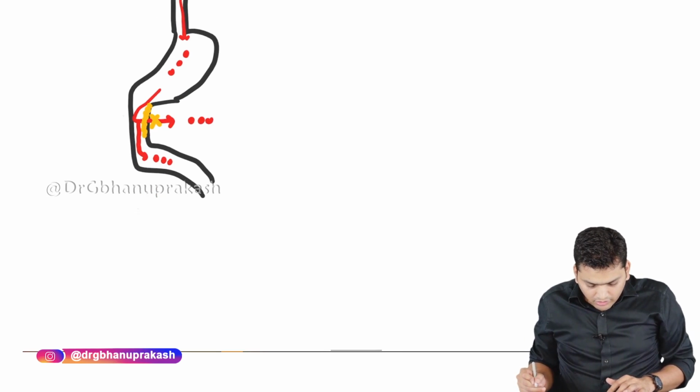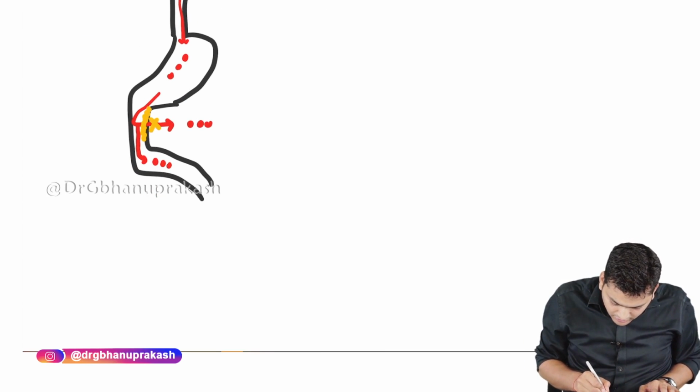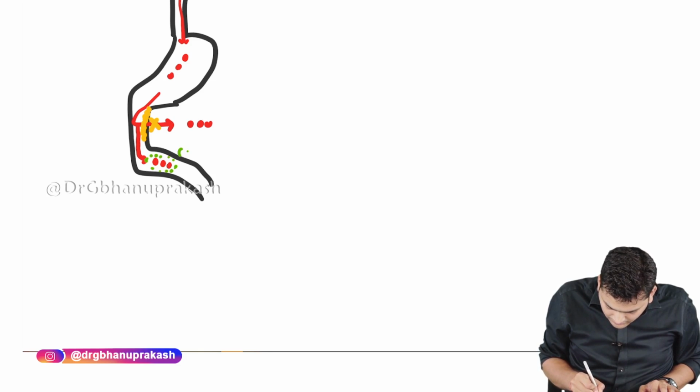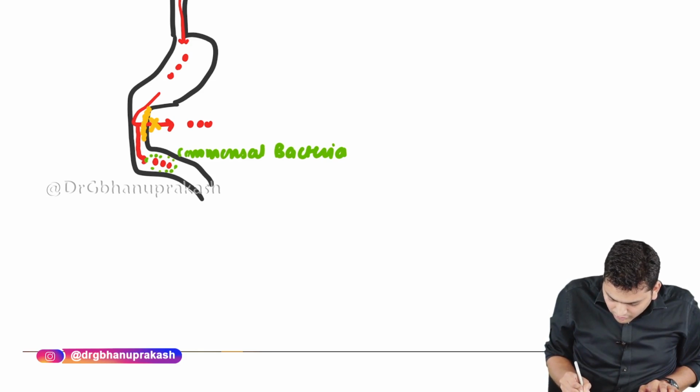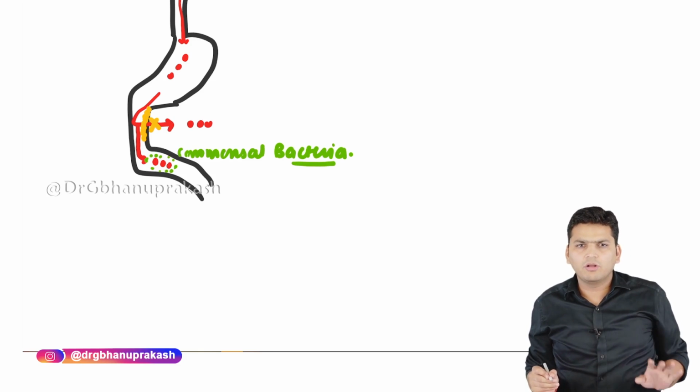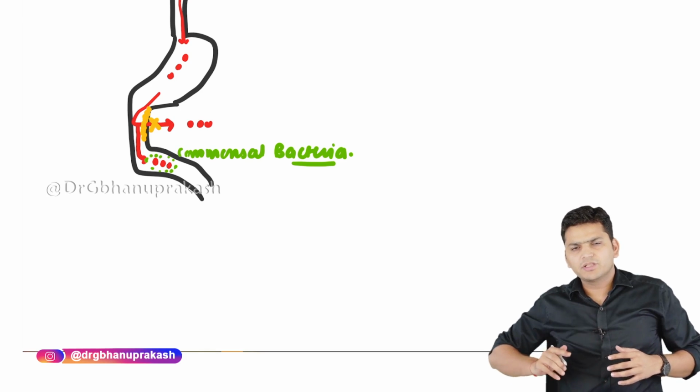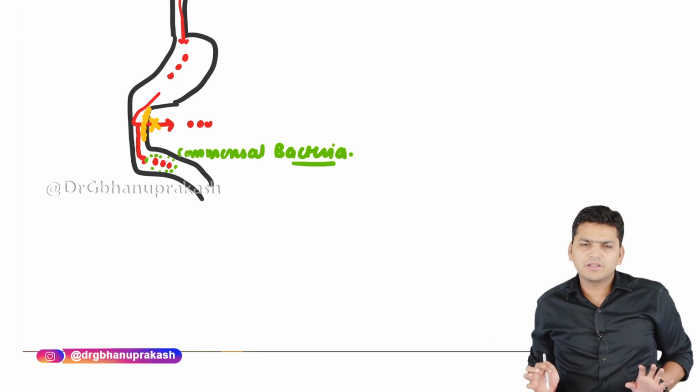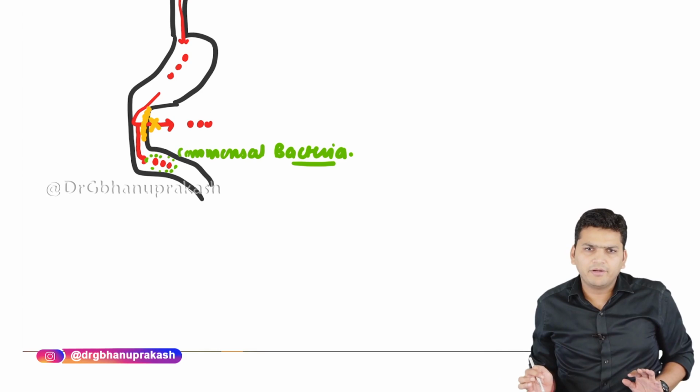Once they come to the colon, we have something called commensal bacteria. Commensal bacteria means the non-pathological bacteria. They reside in our colon. The tryptophan is going to react with the commensal bacteria, and the commensal bacteria will ferment it.